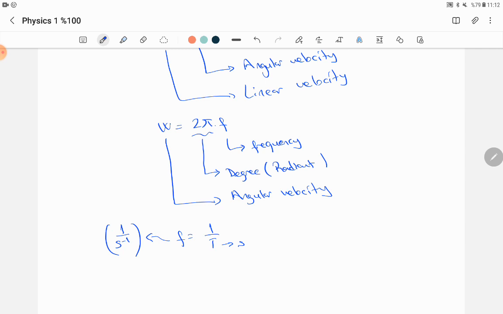If we write the period in terms of the angular velocity, this is the period, and this term equals this one.